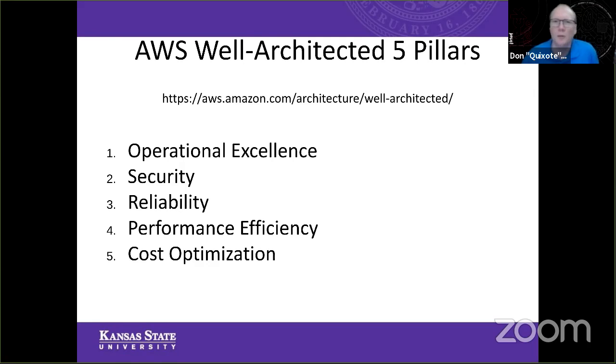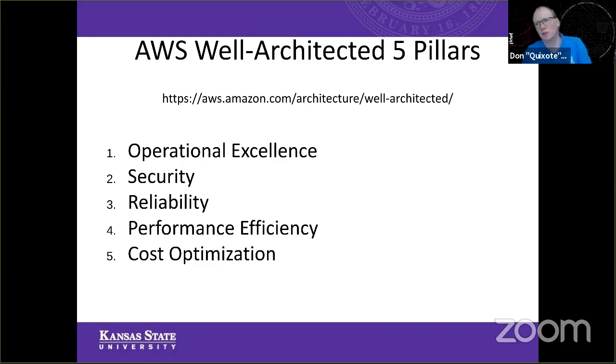All right. Following those pillars is what really directs you to a better, well-architected AWS environment. You really need to understand those if you want to have a good product in the end, an environment you can use well, and that does all the things you need to do securely and reliably.